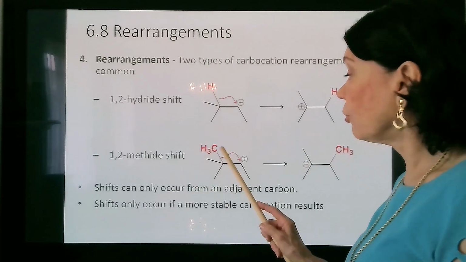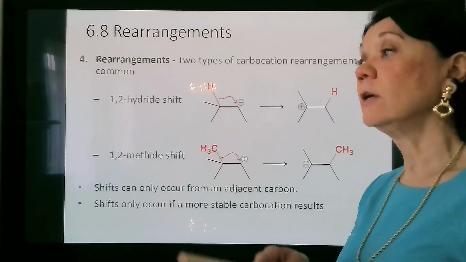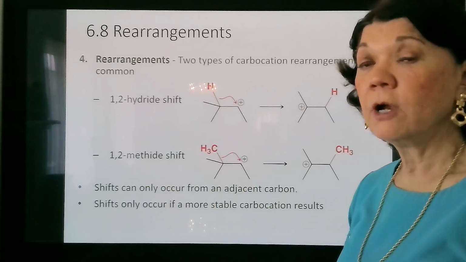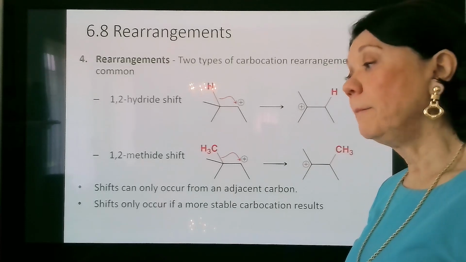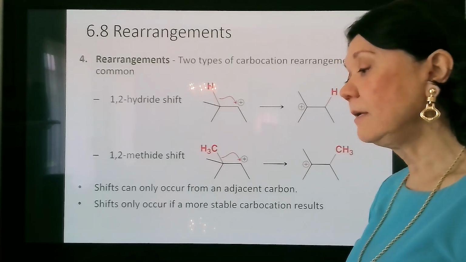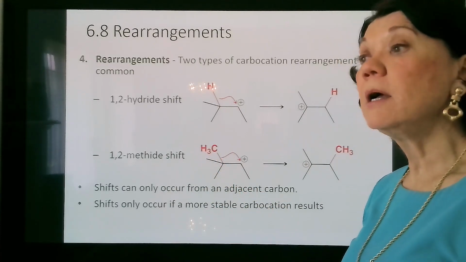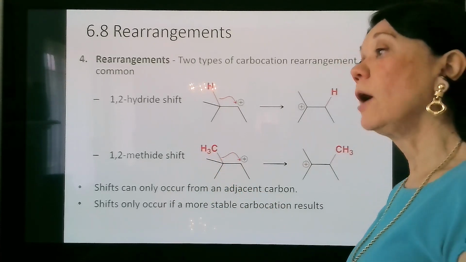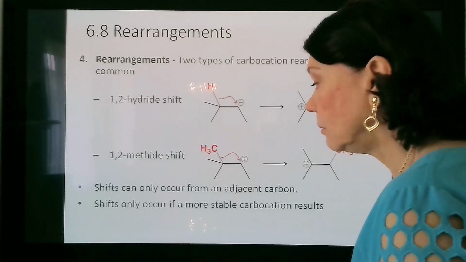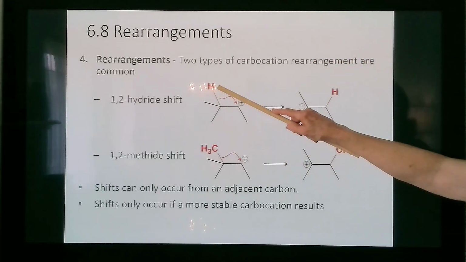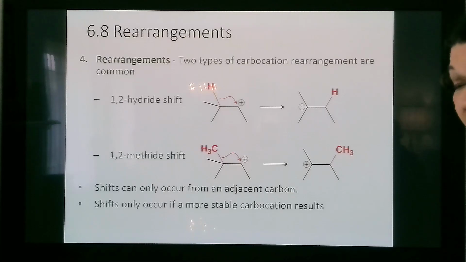Well, as this group gets bigger, the pair of electrons is having to drag that whole group over, and it gets harder as this group gets larger. So it's much less likely to migrate an ethyl or a propyl or a butyl. So these small groups are the ones that are most often seen.